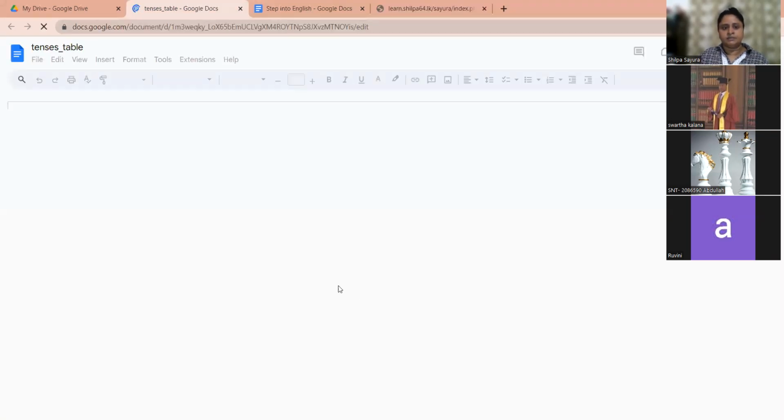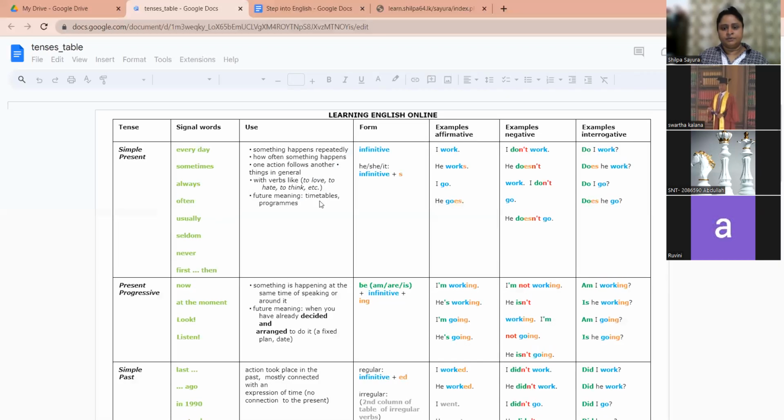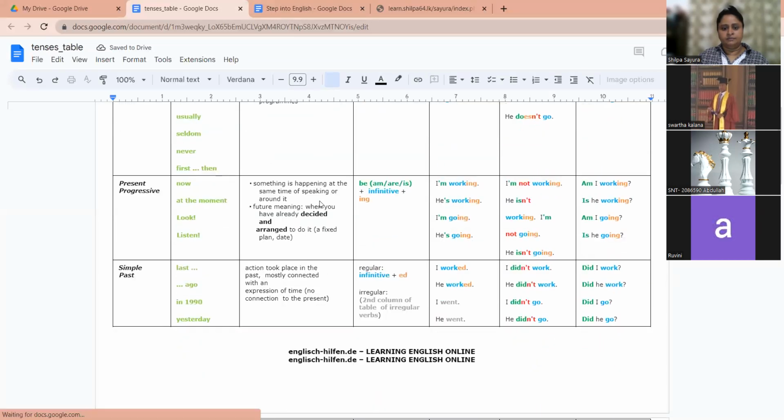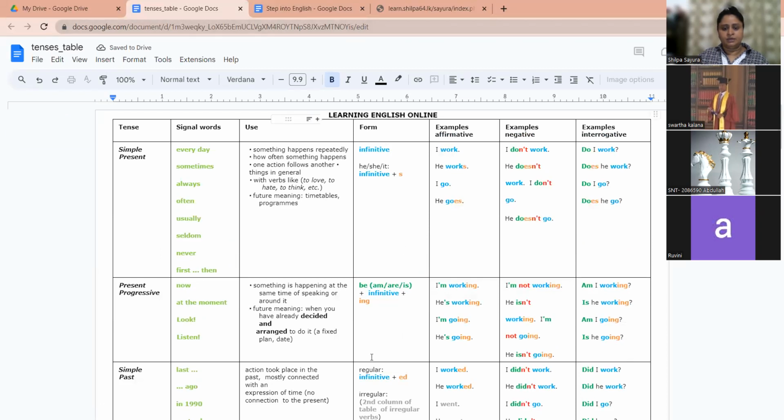Let me show you tenses on a timeline. So there you can see. Give me a moment.